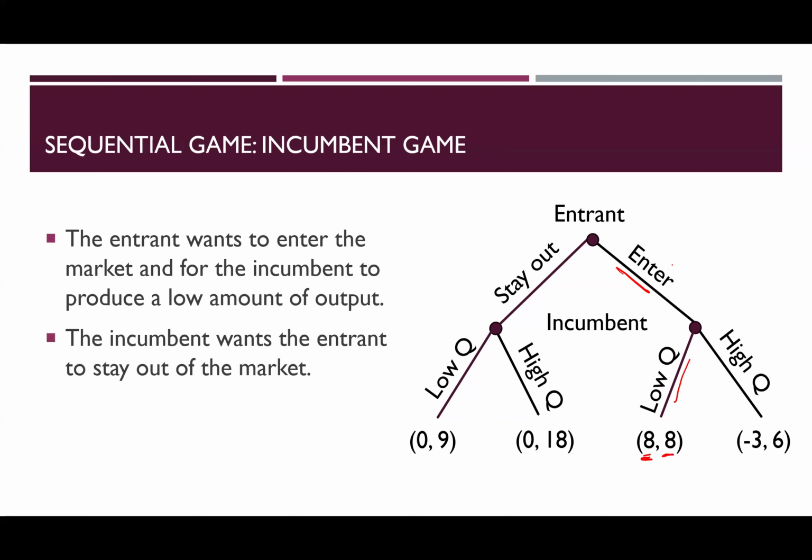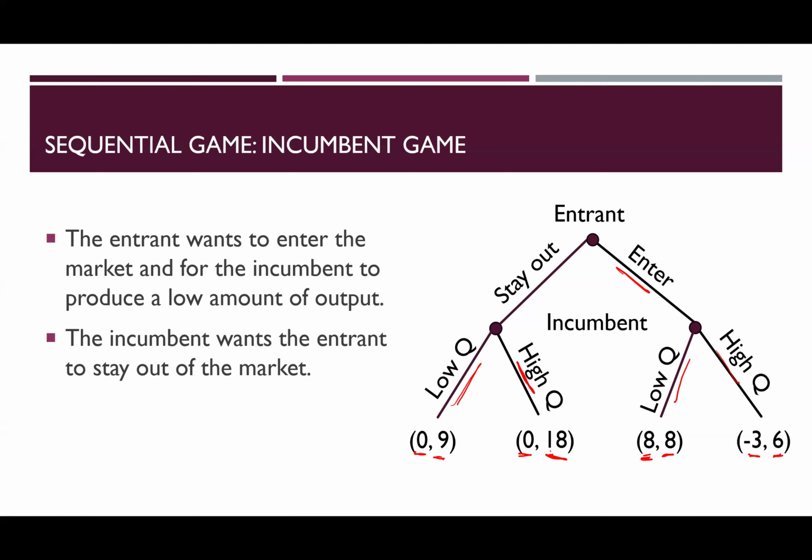If the entrant enters and the incumbent produces a lot, then the entrant makes a loss and the incumbent makes less than they would if they had produced a low amount of output. If the entrant stays out of the market and the incumbent produces a little bit of output, the entrant, of course, earns 0 because they're not in the market producing, while the incumbent earns 9. If the entrant stays out and the incumbent produces a lot of output, again, the entrant earns 0 because they're not operating in the market, and the incumbent earns 18, right? So they've doubled their payoff.